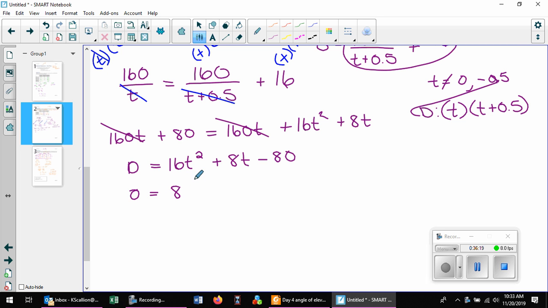We're going to take our 8 out, so I'm left with 2T squared plus T minus 10. Oh, so much better. I feel so much better about this. So negative 20, 4 and 5. Positive 5, negative 4. So my 8 still stays out there.